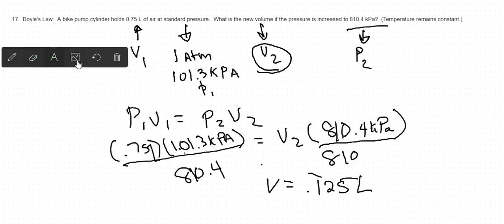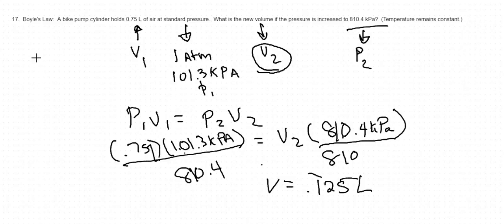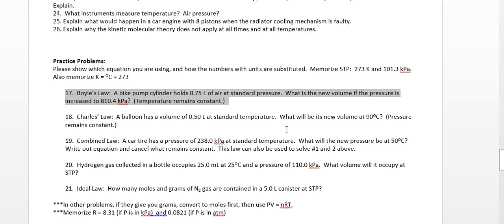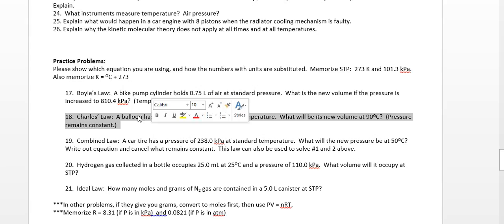Nope. I will let you try to figure out the next one. Let me, if I can, delete this thing, clear the whole board. I'll copy this one. Copy.